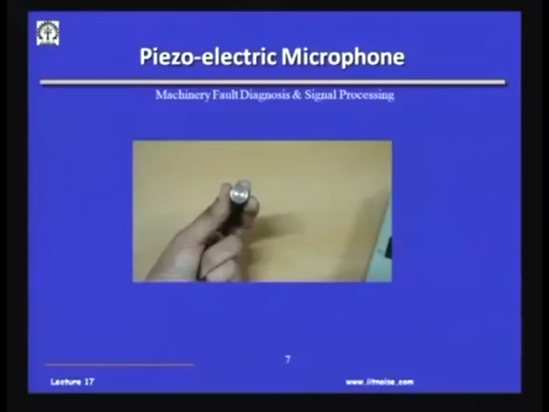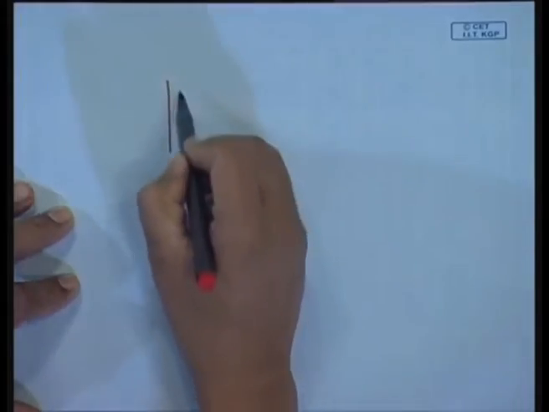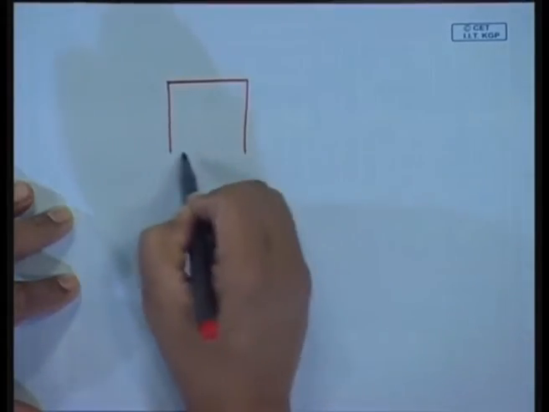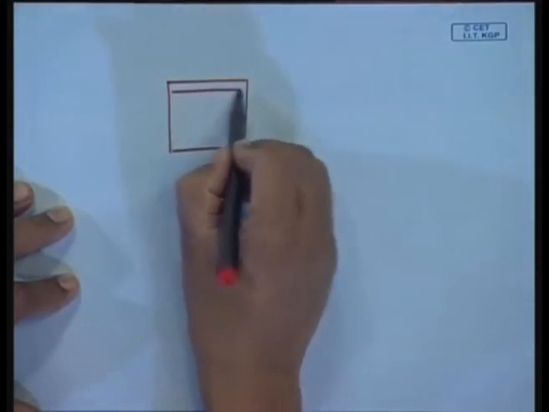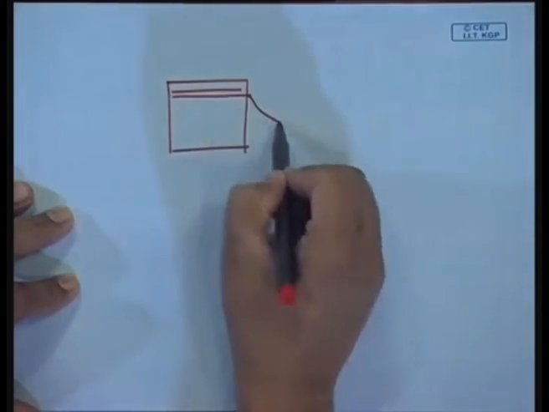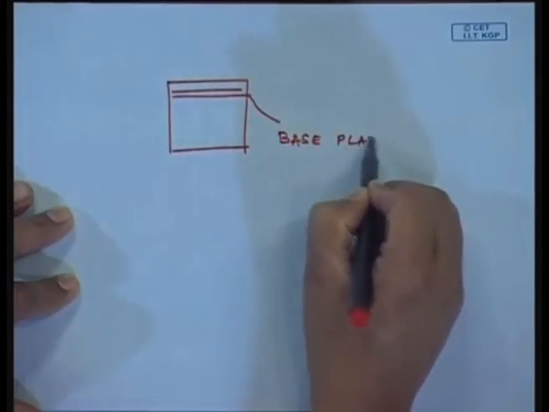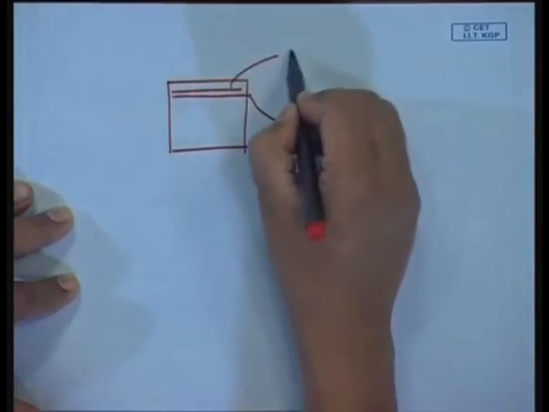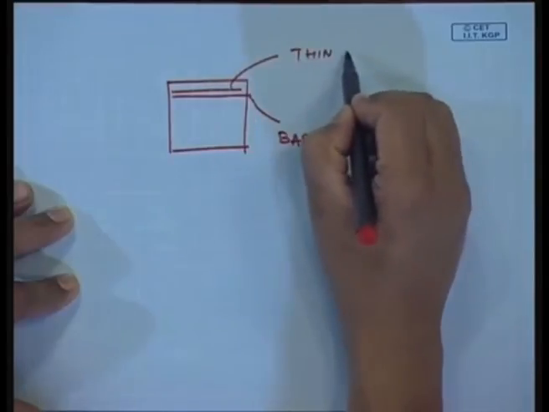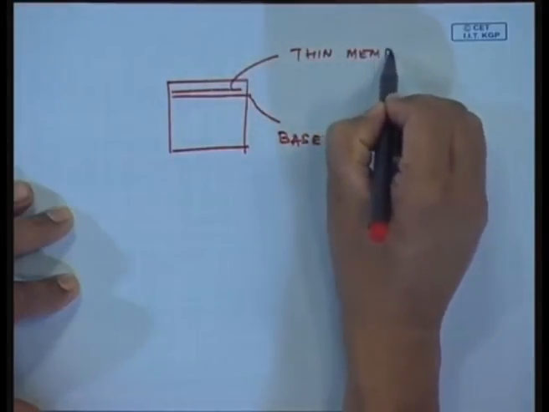Now, let us talk about another important mechanical parameter, which is mechanical noise, and this is essentially measured with a microphone. So, a microphone, as I was telling you, has two plates. One is the base plate and another is a very thin membrane or a diaphragm.